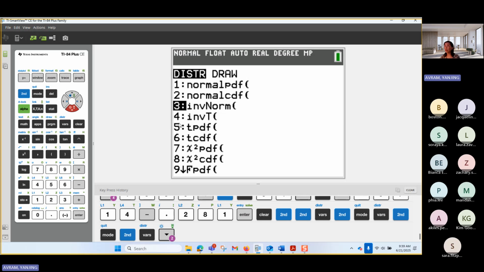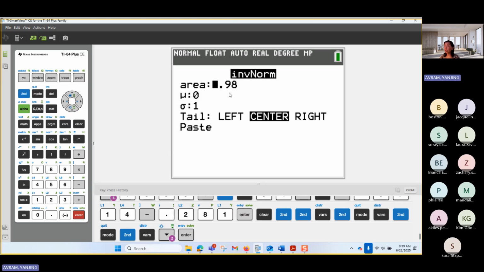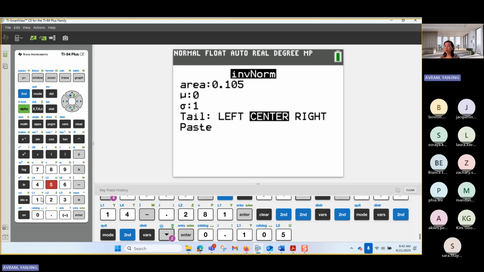All right, inverse norm. You hit second, bus, the distribution, and then use this function, inverse norm. You just need to type the area, 0.1051, okay? And you get this mu and sigma, everything unchanged.